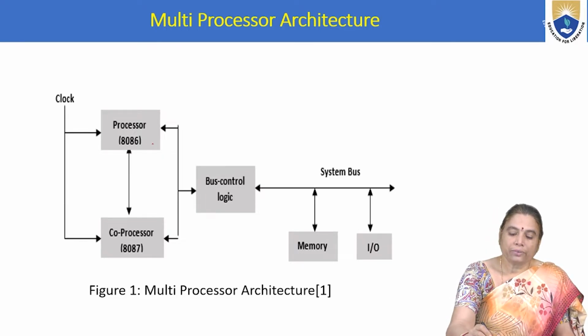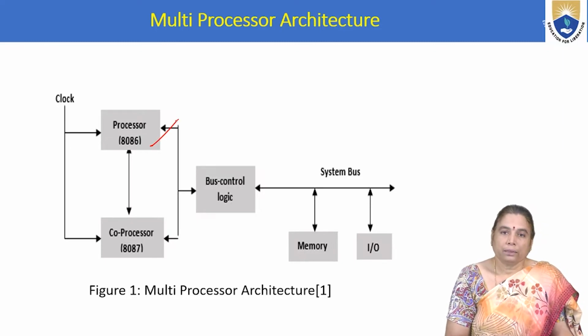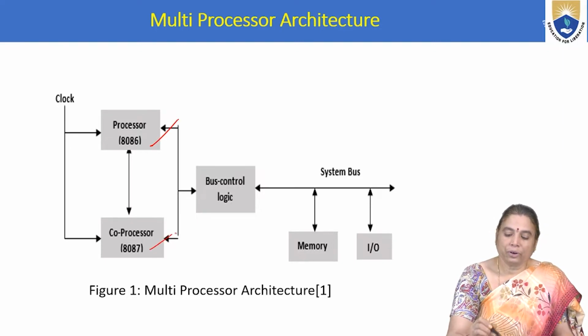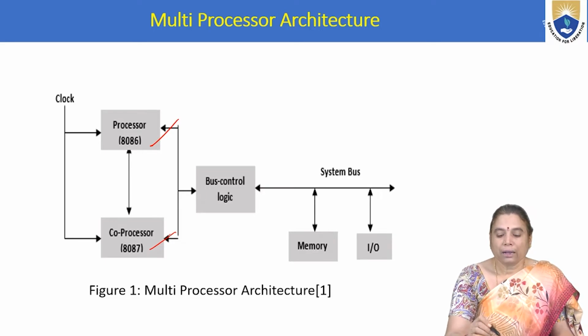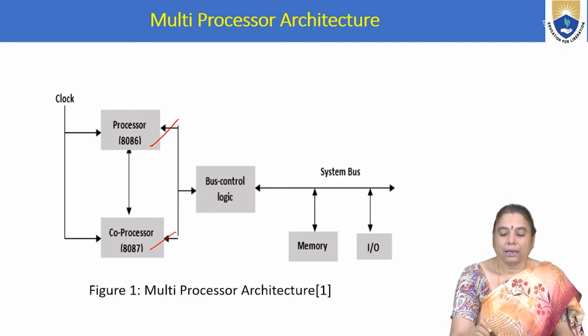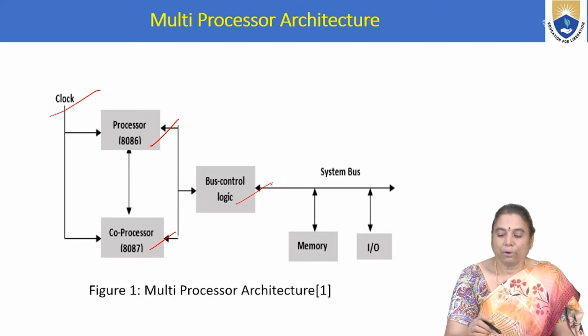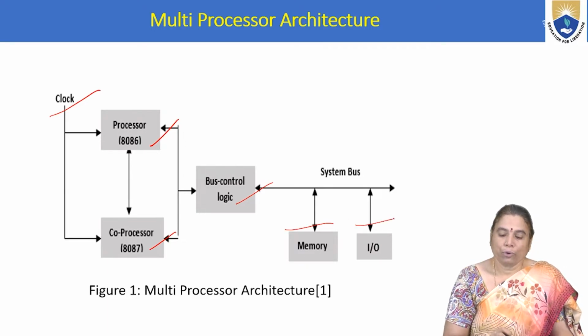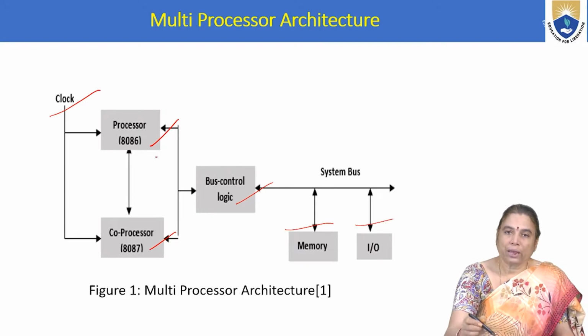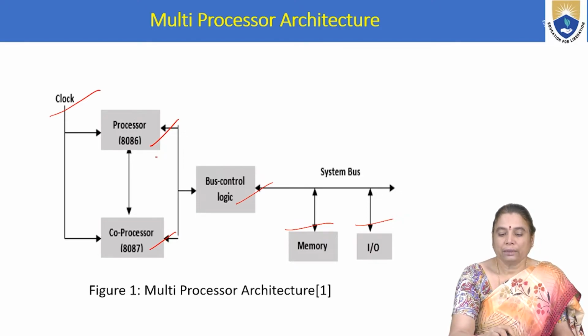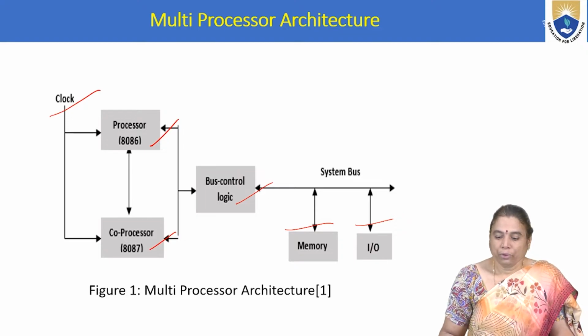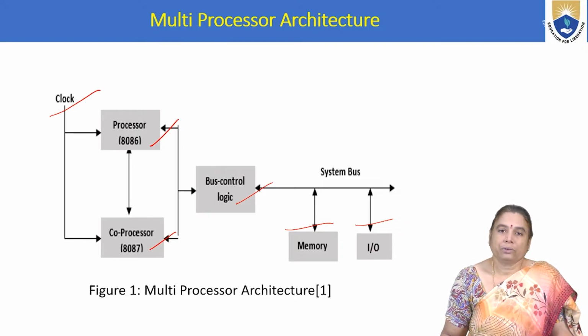Here 8086 is the main processor and the co-processor is the 8087. Both are connected and share the common clock of the computer, common bus control logic and arbitration logic, common memory and I/O. So more than one processor is employed and they share the system clock, bus logic, memory and I/O. This is the general architecture of multiprocessor systems.